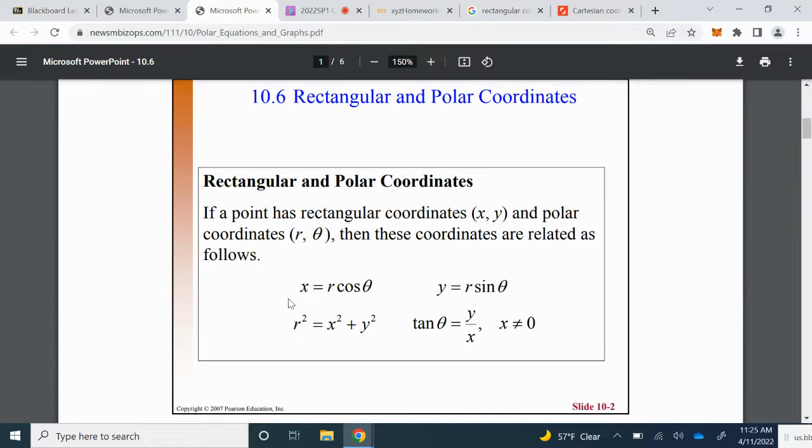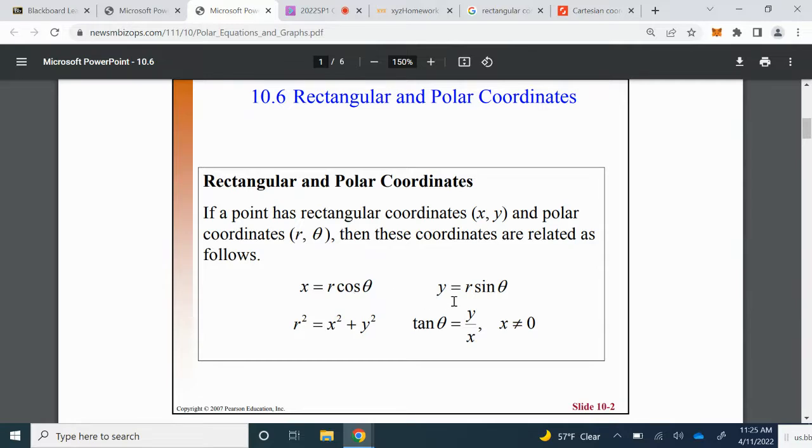We have x, a point in a rectangular coordinate system. Its equivalent in the polar coordinate system is written as r times the cosine of theta. So if you're given a polar coordinate, you can convert that polar coordinate to a rectangular coordinate by using this formula.